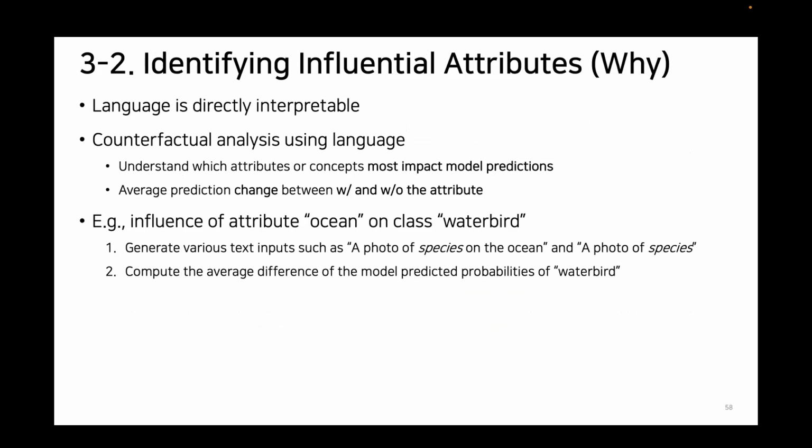So we know about the task-related attributes. In this example, we want to identify the influence of this ocean attribute. Actually it is a little different, but we can generate a photo of a water bird on the ocean and a photo of a water bird on land like this.